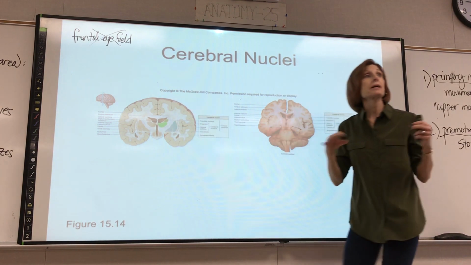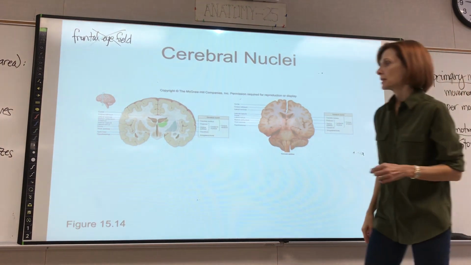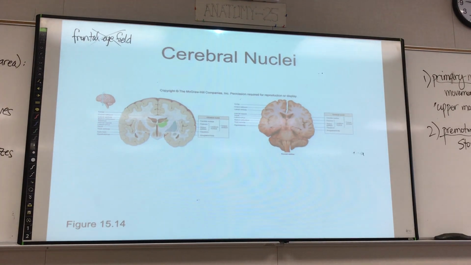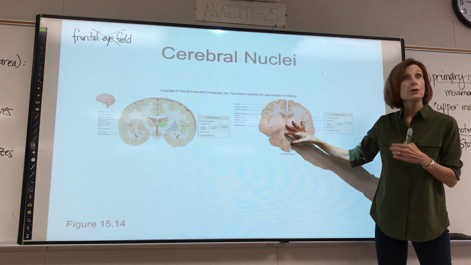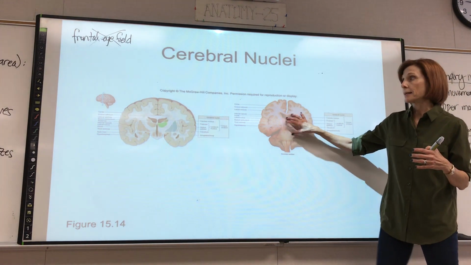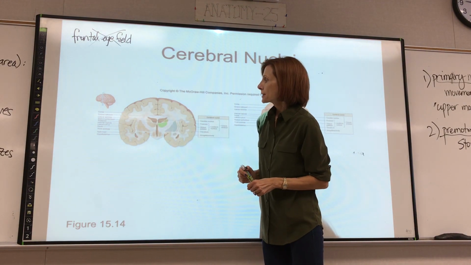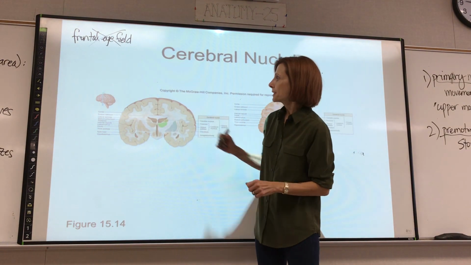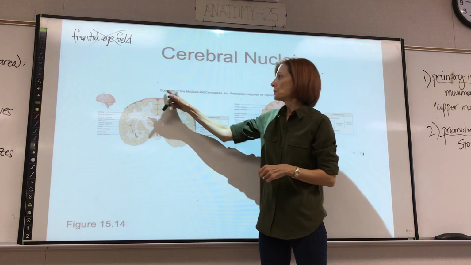Okay, so let's talk about a little bit more of the cerebrum that you can see here in this frontal section. And by the way, whenever you see these photographs of the real brain, they're good to look at just so you can see the real thing, but I will not put these on the test. I will use the diagrams, okay? So just so we get oriented, notice here, this is the longitudinal fissure.